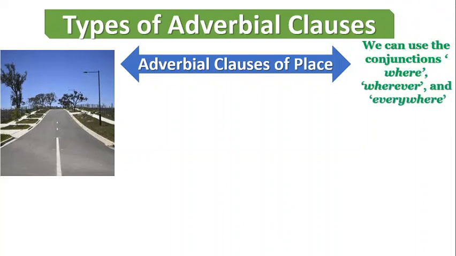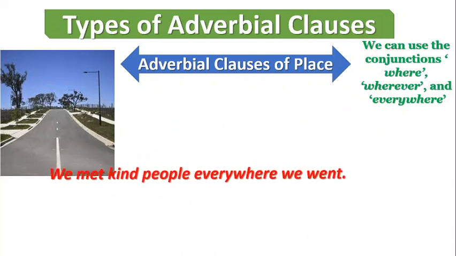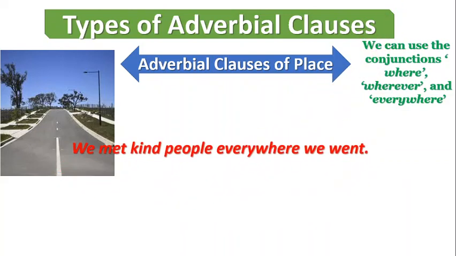So when we spot the conjunctions where, wherever, and everywhere, we are likely to see an adverbial clause of place. Look at this example. We met kind people everywhere we went.